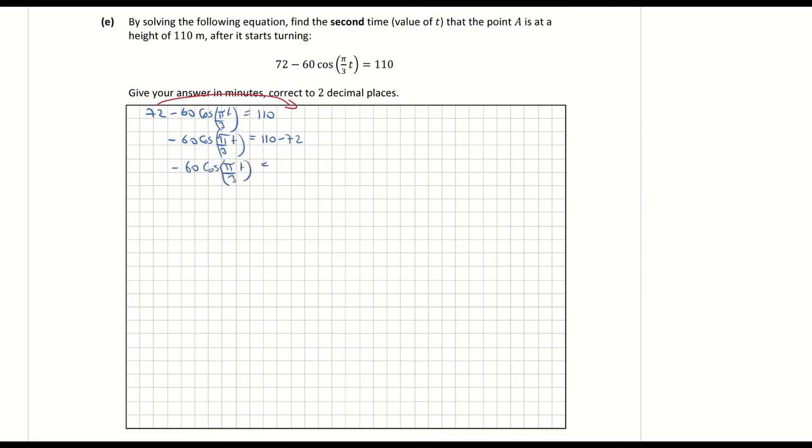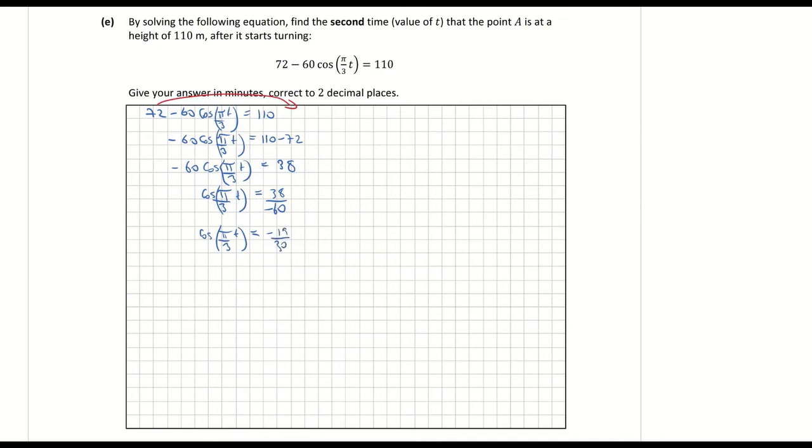a value of 38. I then divide across by negative 60, so cos pi over 3t is equal to 38 divided by negative 60, which is giving me cos pi over 3t is equal to minus 19 over 30 when it simplifies down.